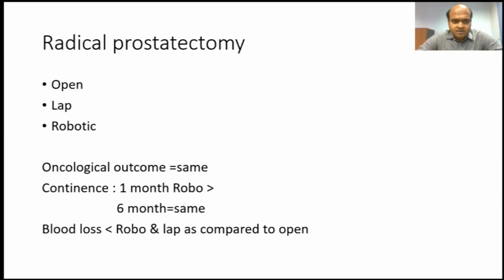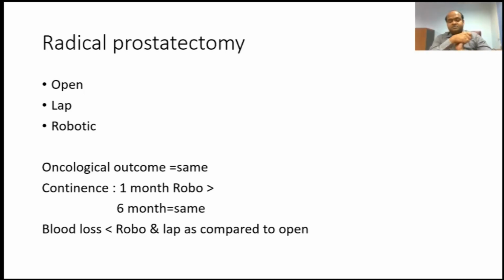So now I will say a few words regarding radical prostatectomy. Radical prostatectomy is a challenging surgery, and it can be done by open, laparoscopic, or robotic approach.